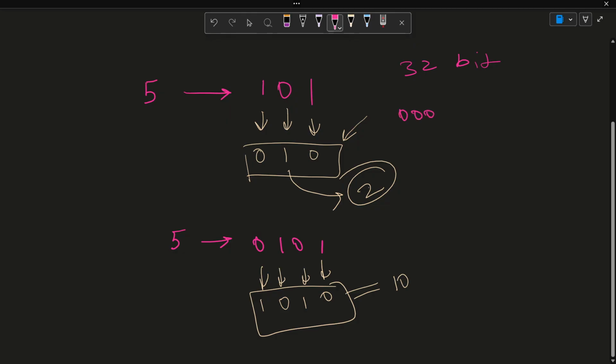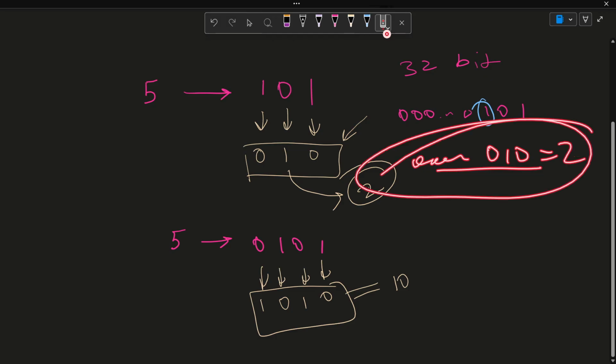Let's say we have 0 and 101, so the last one is this one, and what we have to do is find the complement of these individual elements. It would be 0, 1, 0, and you have to keep all of the leading bits as they are, 000. So 010 gives you 2. So that is the point.